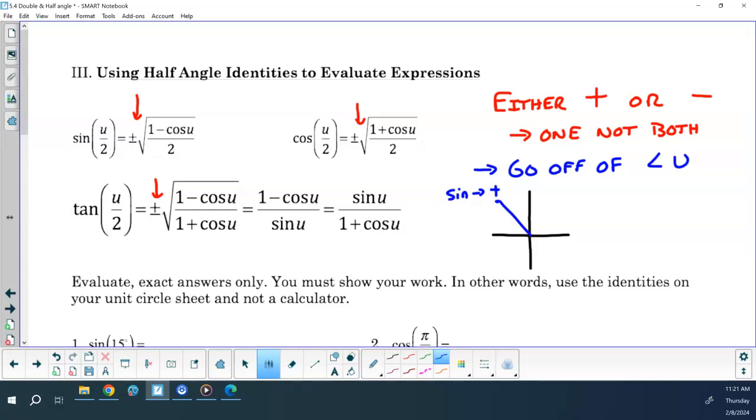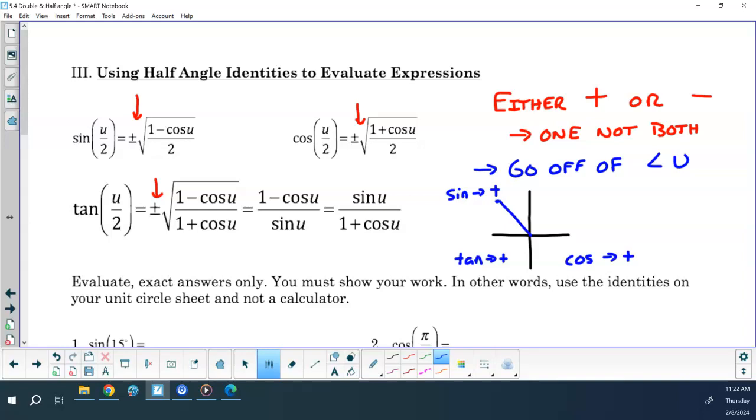If angle U is in quadrant 3, then tangent is positive, and only tangent is positive. If angle U is in quadrant 4, then cosine is the only one that's positive.